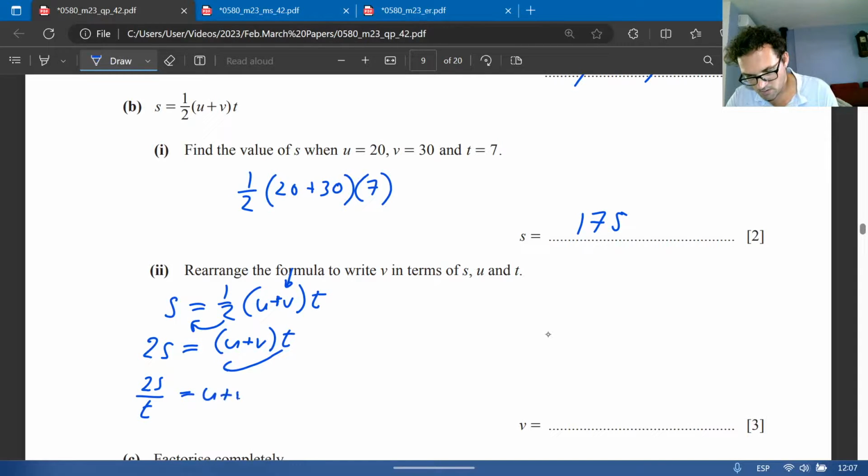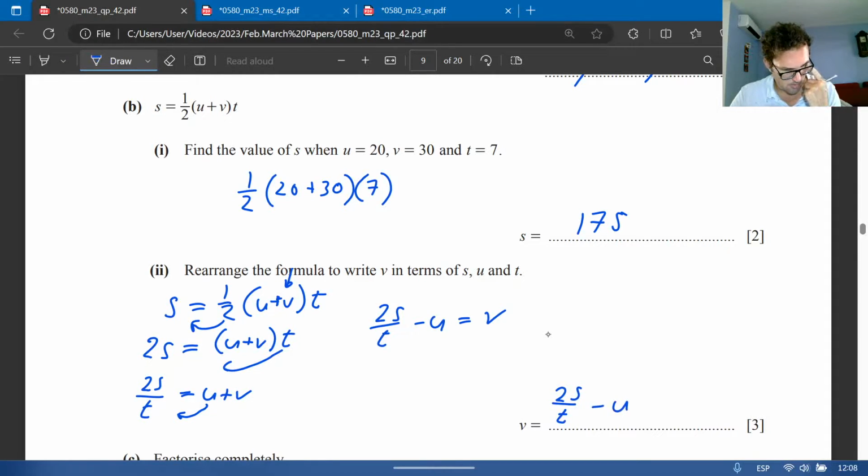We can now leave the brackets. Last thing is move that u. The u is a positive u, so to get rid of the u, you need to subtract u from both sides. Oh, we've done it. Done. Final answer, 2s over t minus u.